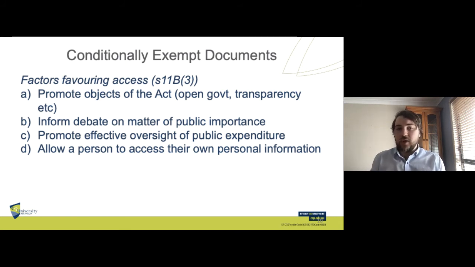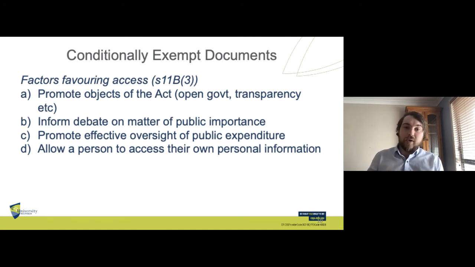If the document would inform debate on a matter of public importance, it should generally be disclosed as well. So looking at the importance of the matter that the document relates to. Public expenditure, promoting oversight of that, as a means of preventing or reducing corruption. That's a really important factor as well, which would lend itself towards releasing that information.